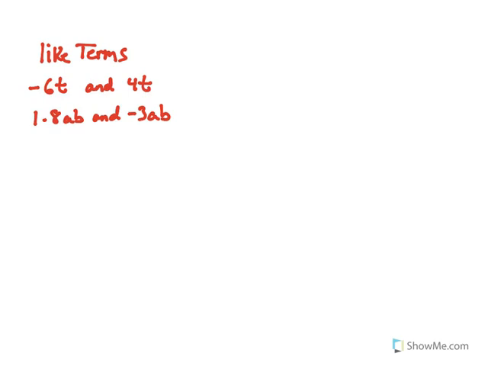And you can also have 1/2 c squared d cubed and c squared d cubed. Again, different numbers, this has a 1 in front of it, but they both have c squared d cubed, and those are considered like terms.